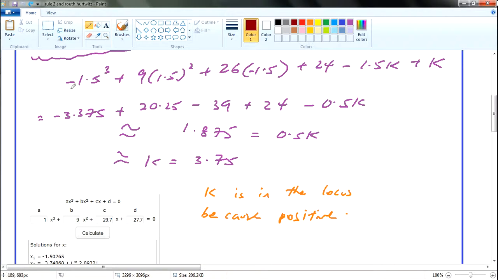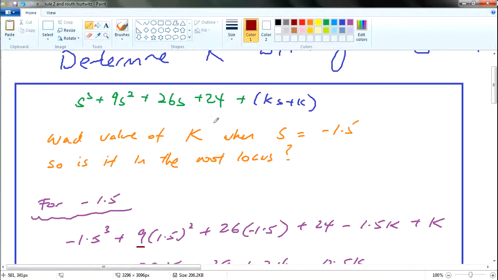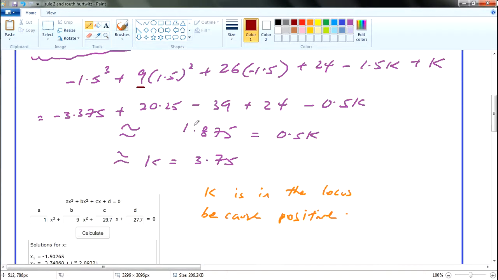To prove that I calculated properly, I sub into the website: 1x cubed plus 9x squared plus, this 9 is the coefficient, and this 29.7 is some value from when this one plus this one. So it's minus 1.5, so 26 minus 1.5 is somewhat 24.5.